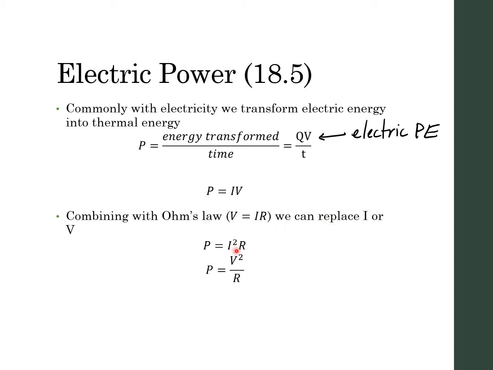If we replace V, we have current squared times the resistance. If we replace our current, we have potential squared divided by the resistance. So we now have three different equations relating power, current, resistance, and potential. And we can use any one of these three equations in order to solve. So depending on the information we have is going to determine which equation for power we end up using.